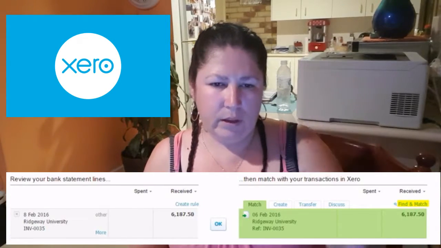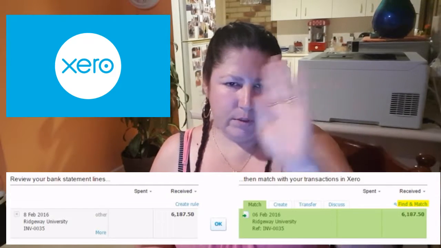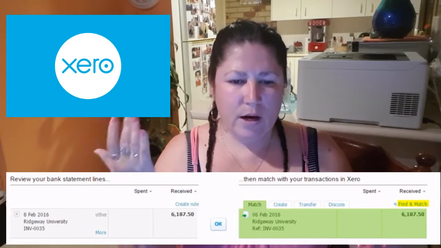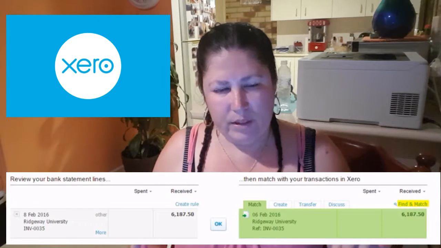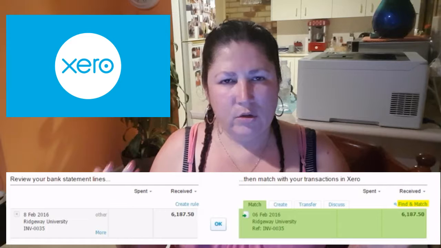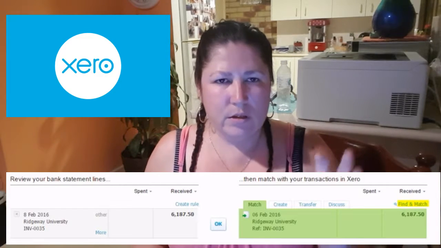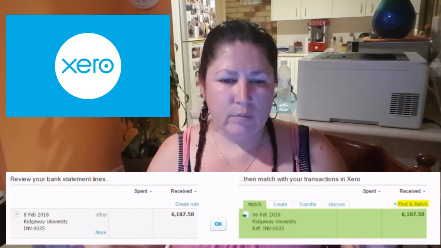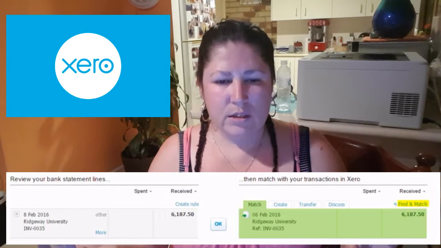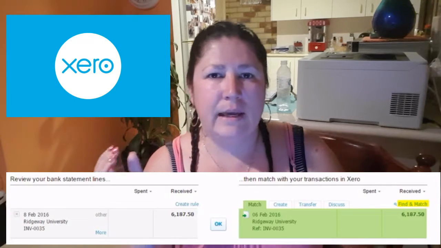So again, on the left side would be your bank transactions feeding through with your debits and credits, and on the right side would be the Xero side, basically. And so when you created a sale and you had income coming through on your credit side in your bank transactions, it would match automatically to your sales transactions. So I found that quite handy.